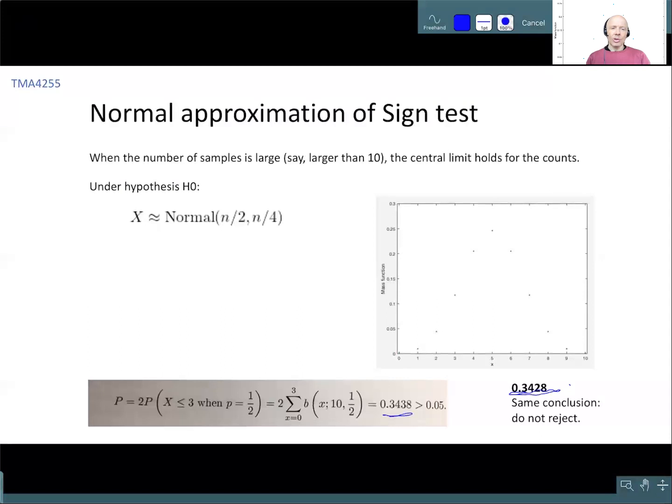So it's still a non-parametric test. It's a sign test. The only way we're using the normal here is to look up the p-values of our test. It's not for the sampling distribution of the data. So that's important to remember.